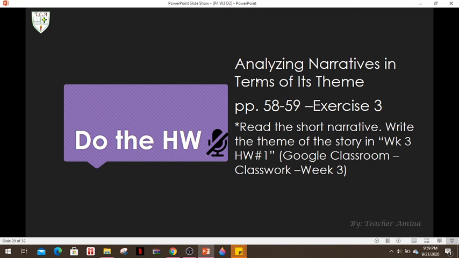For your homework, it's about the lesson analyzing narratives in terms of theme. It's on pages 58 to 59, exercise 3. Read the short narrative and write the theme of the story in week 3, homework 1.